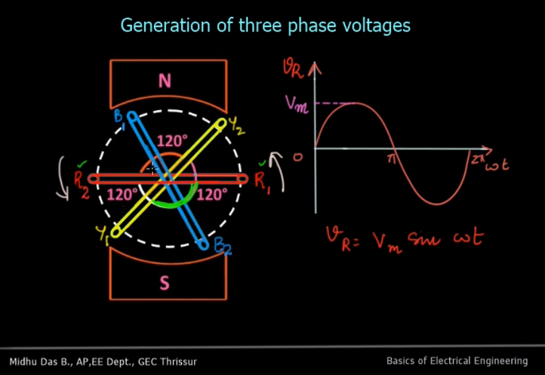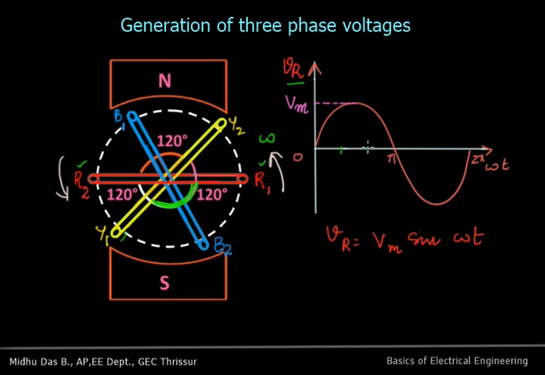What will happen if coils are placed in such a manner and rotated again at an angular frequency omega? The EMF induced in the coil R1, R2, which I am calling VR, will be given by this sinusoidal waveform. What about the EMF induced in the coil Y1, Y2? The Y1, Y2 coil reaches the position of R1, R2 only after 120 degrees of rotation.